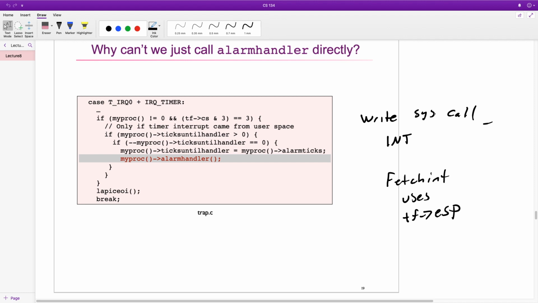You said the problem is that the stack pointer points in the wrong place. It's not that the stack pointer is pointing in the wrong place. When we do an interrupt, it saves some registers. One of the registers, ESP, it maybe saves.